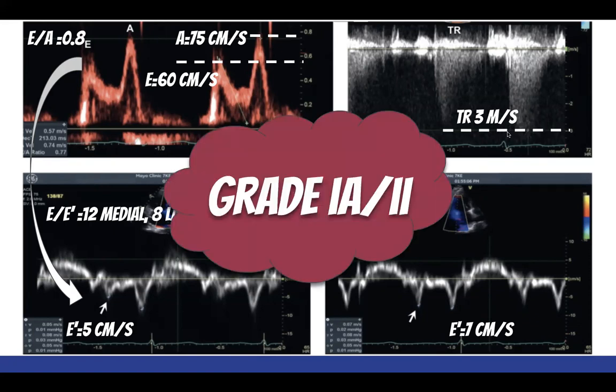So by Mayo classification, this is grade 1A. By guideline classification, this is grade 2. Basically, it's kind of a grade 1 pattern, but with higher filling pressures. For grade 1, you shouldn't have such high filling pressures.